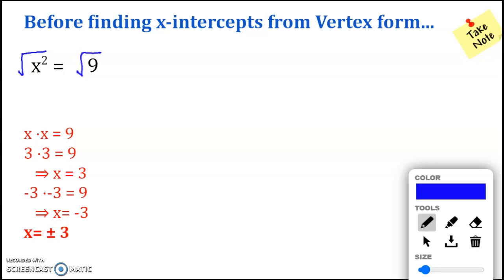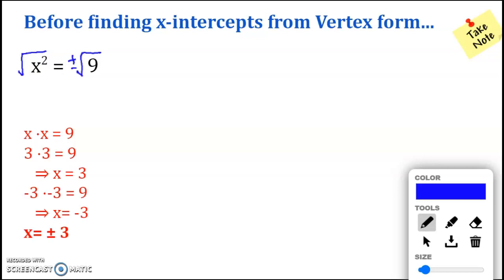But when you do that, because when you're dealing with x squared the answer could be positive or negative, when you're taking a square root of some variable, you need to put a plus or minus symbol on the other side to say that it could be a positive version of the solution or a negative version of the solution.